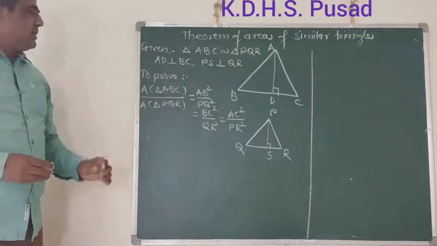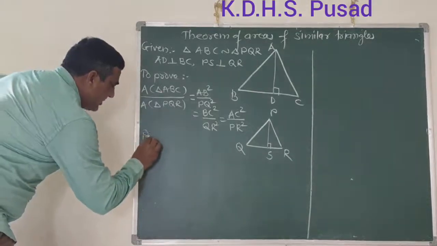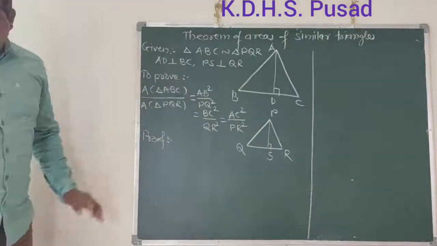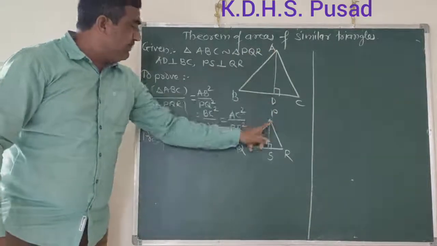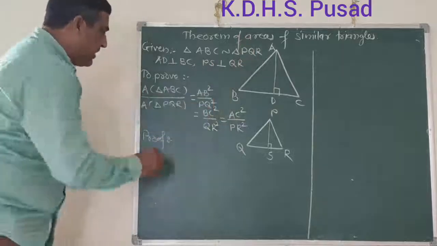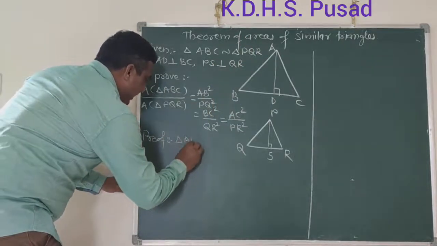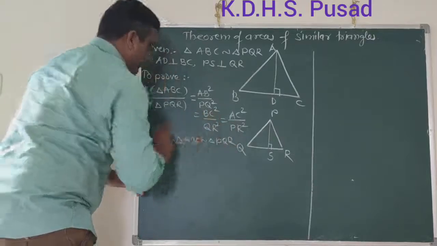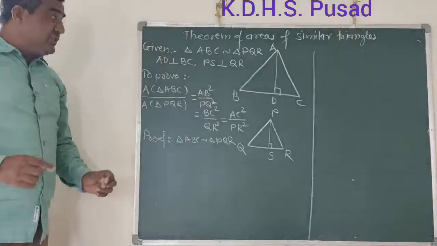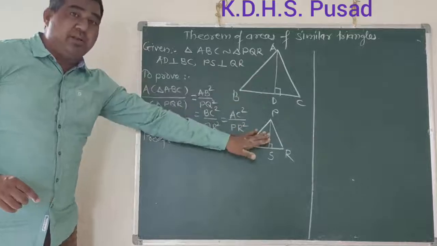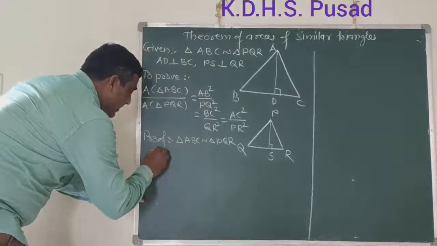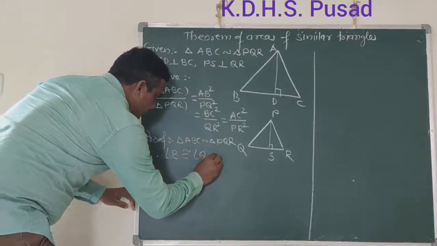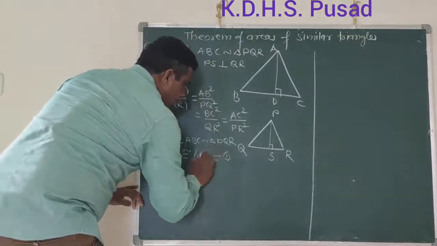Okay. Now let's start the proof. For a while, forget this perpendicular. As you are given triangle ABC similar to triangle PQR, that is given to you. And as we know, if two triangles are similar, their corresponding angles are congruent, therefore angle B congruent angle Q. Equation 1.